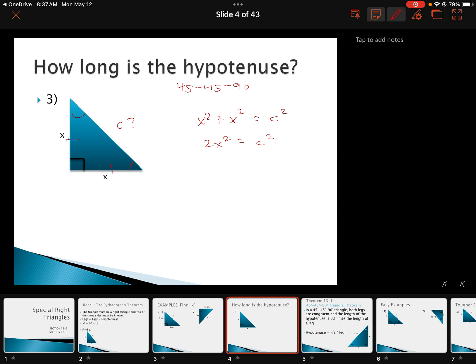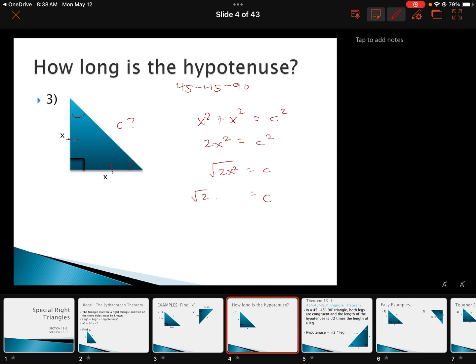We want to solve for that c. So let's get c by itself. We need to take the square root of 2x squared, and that's what c will equal. Now this looks complicated because there's a variable there, but again, it doesn't have to be complicated.